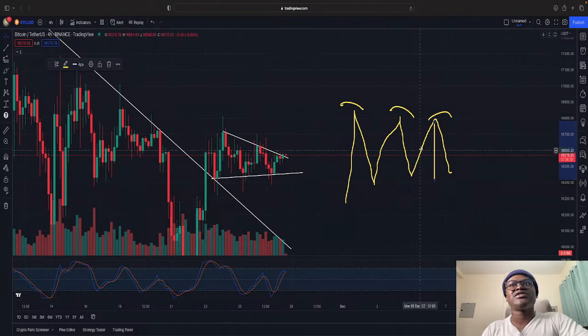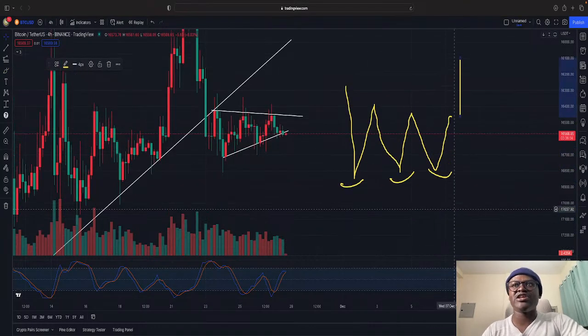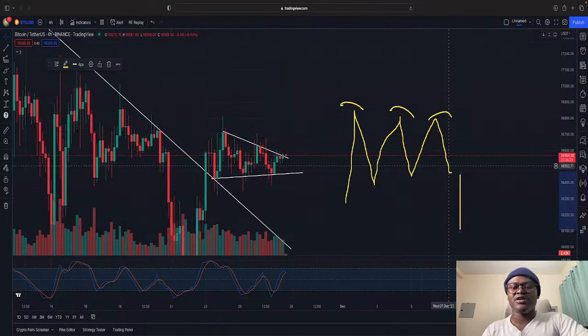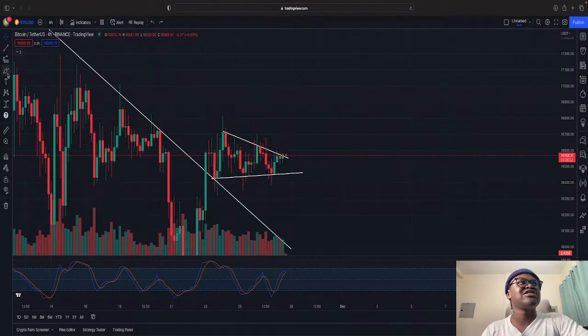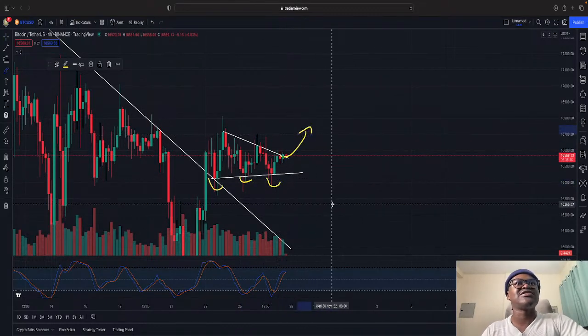So that's triple top. Triple bottom will just be the exact opposite of it. So you have like this and this and this, and that's exactly what we are seeing here. It's not always looking exactly the same, just similar looks, like so, like so, like so.